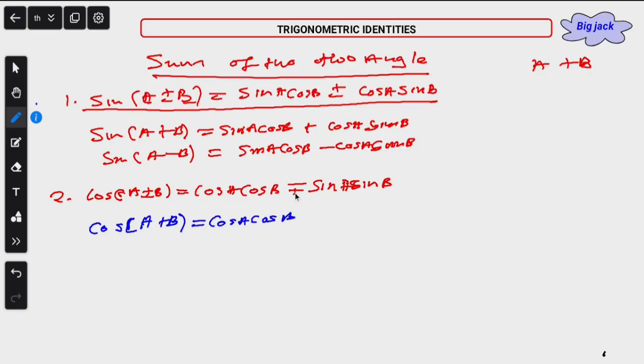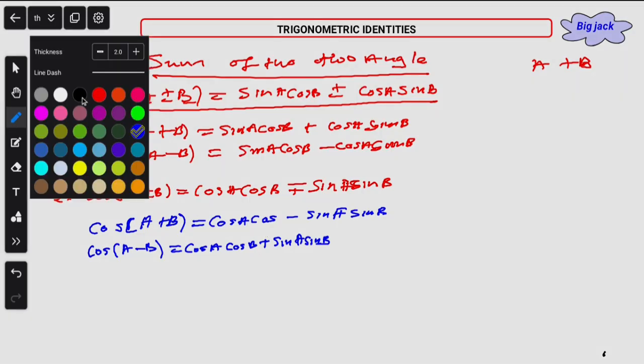Now instead of minus, we are going to use positive: plus sine a sine b. So these are the two identities for cos, and they are very, very important to know.